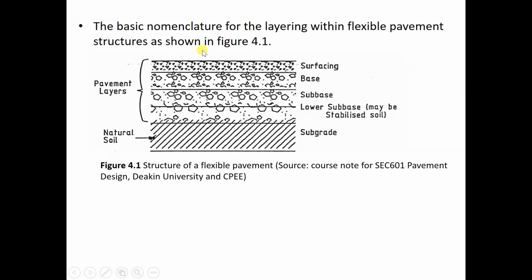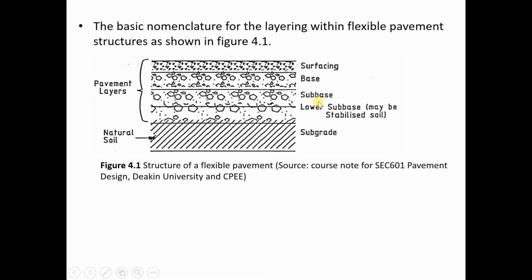The basic nomenclature for the layering within the flexible pavement is as below here. Normally we have a surfacing or the wearing course. Then we have the base, sometimes called the base course, and the sub-base.